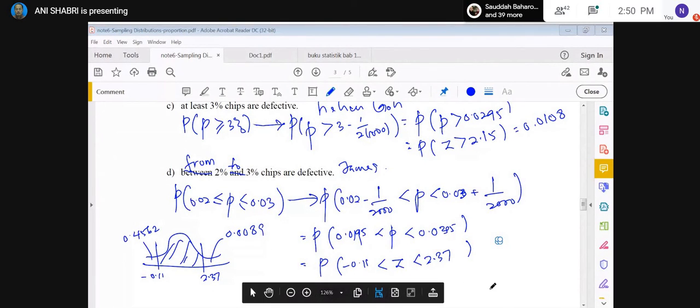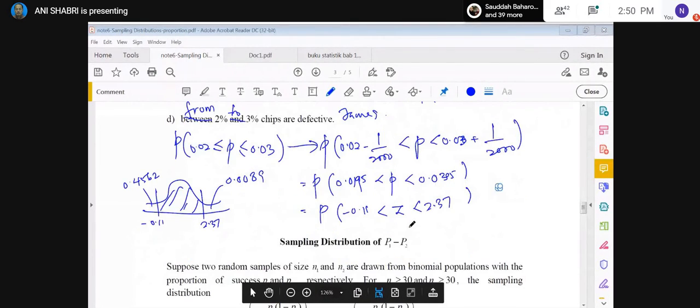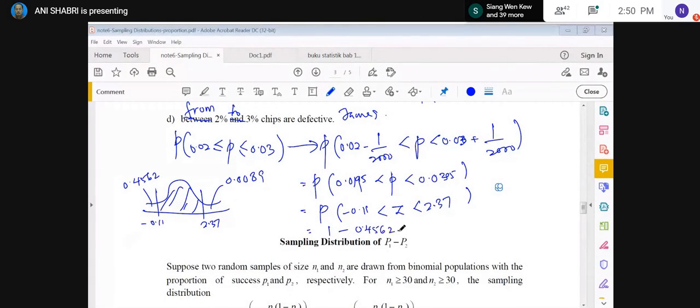Okay, if you look from the table, okay, it is equal 1 minus 0.4562, 0 minus 0.0089. The answer is, okay, same with James ni, dia dapat sama 0.4473. Sama pun.